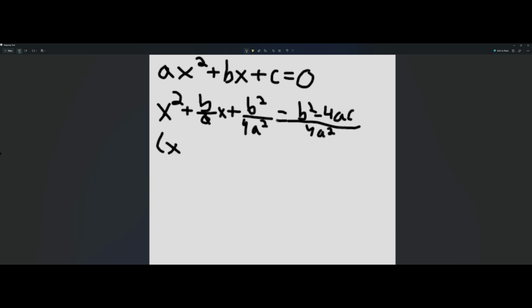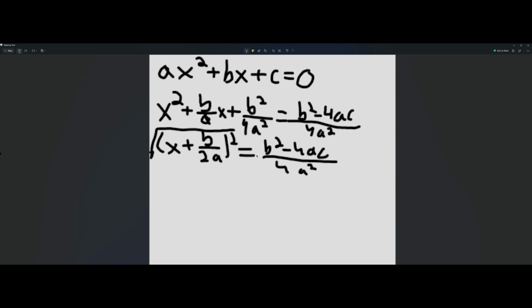Okay? So now we can say that this is just x plus b over 2a, right, squared is equal to b squared minus 4ac over 4a squared. And so now we can solve for this like it's a normal equation. So we can square root both sides.